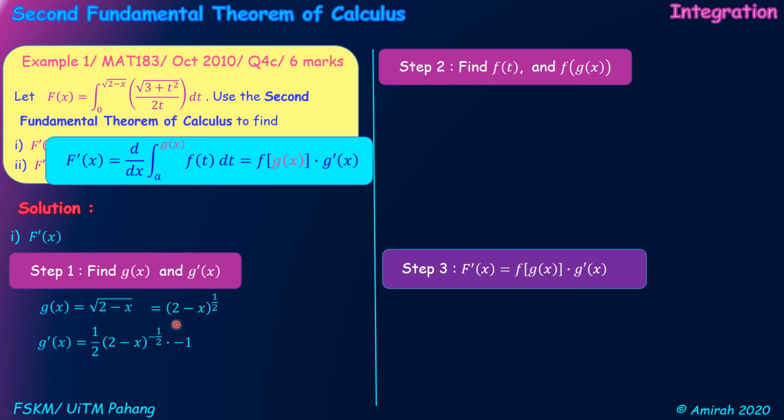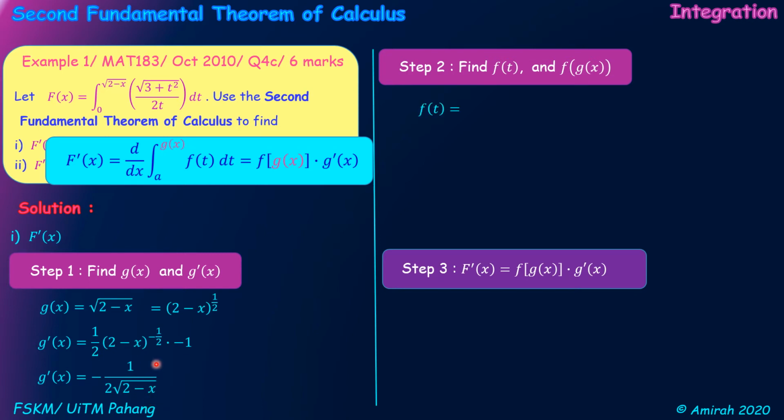That's why we get half times (2 minus x) to the power of negative half, and then don't forget to multiply by the derivative of the function inside the bracket, so we get 0 minus 1, that's why we have negative 1 here, times negative 1. Then we simplify, so g prime x equals negative 1 over 2, and we move down the bracket to the power of negative half, so we get bracket to the power of positive half, or square root of 2 minus x.